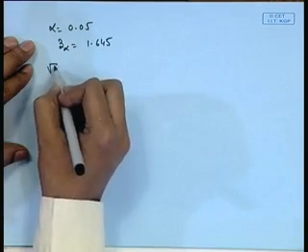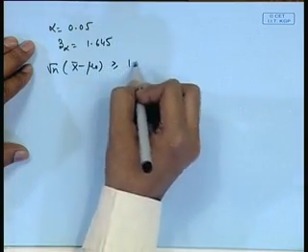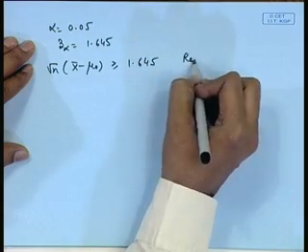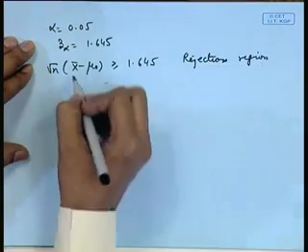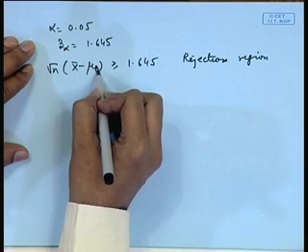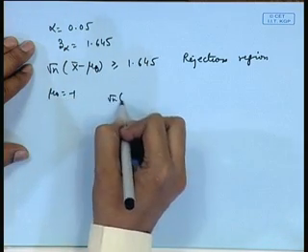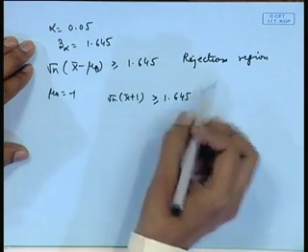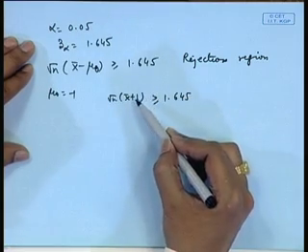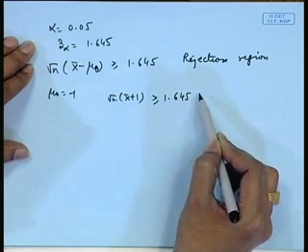So, the test in that case becomes root n x bar minus mu naught greater than or equal to 1.645. This is the rejection region. If I take mu naught equal to minus 1, then this becomes root n x bar plus 1 greater than or equal to 1.645. If we compare with the previous example where mu naught was 0, then it was root n x bar greater than or equal to 1.645.